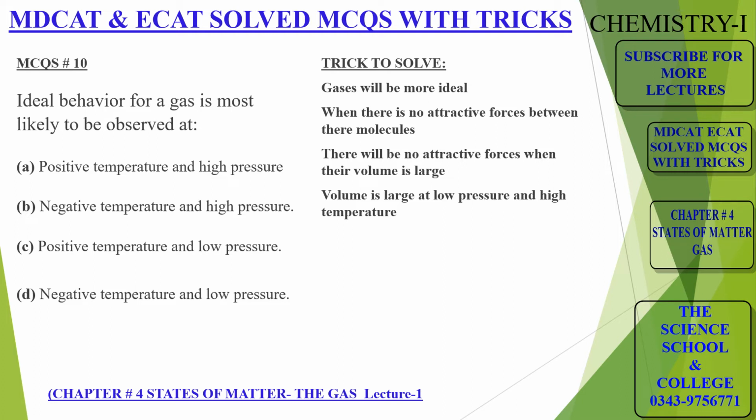At low pressure and high temperature, the gas molecules will be far away from each other and there will be no attractive force, and hence the gas will be an ideal gas.